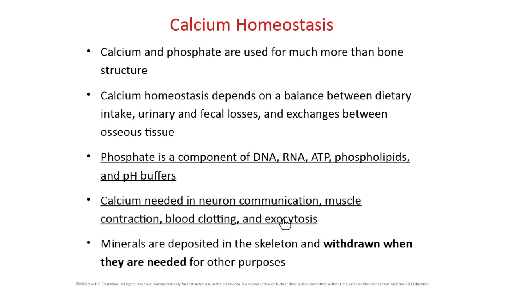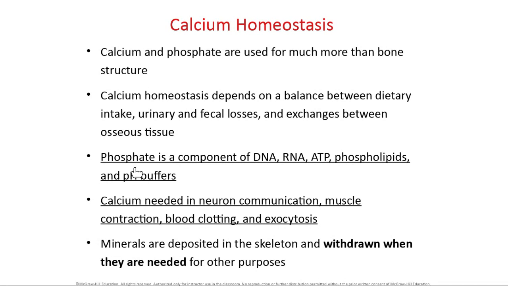And exocytosis, I didn't mention this before, but exocytosis relies on calcium. I will bring this up again when we talk about the nervous system. It plays a really important role in the release of neurotransmitters through exocytosis in the brain. It is dependent on calcium.